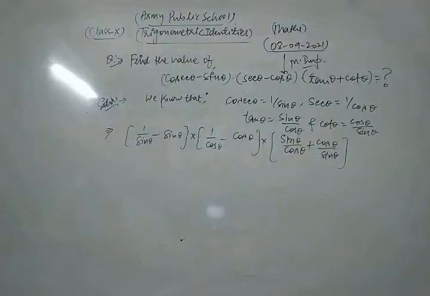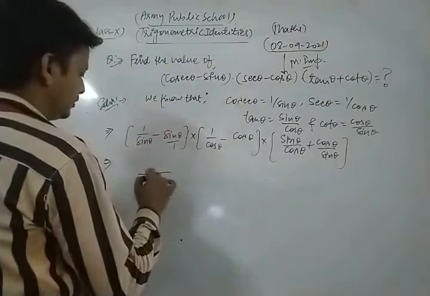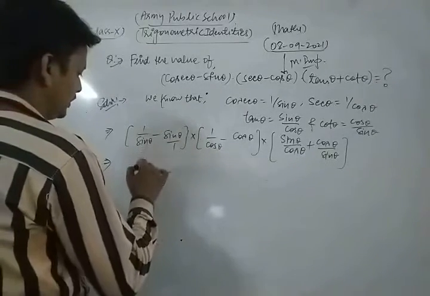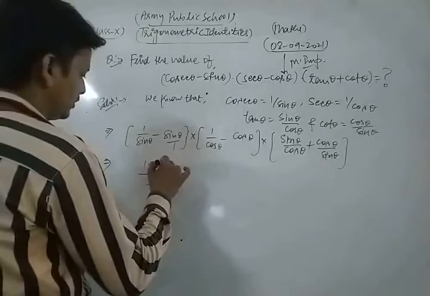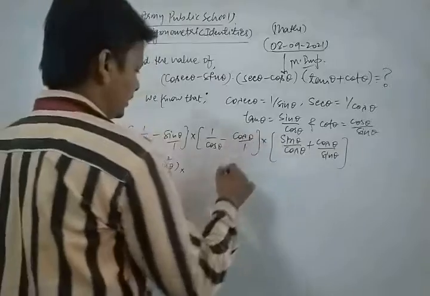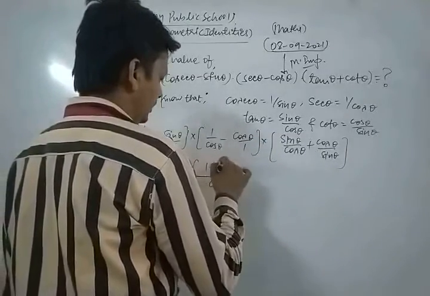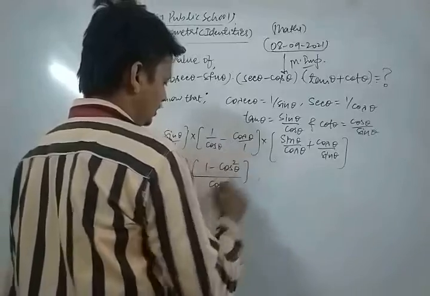Now from there we take sin theta as LCM, dear students. So we get 1 minus sin square theta. Here we take cos theta as LCM, so 1 minus cos square theta.